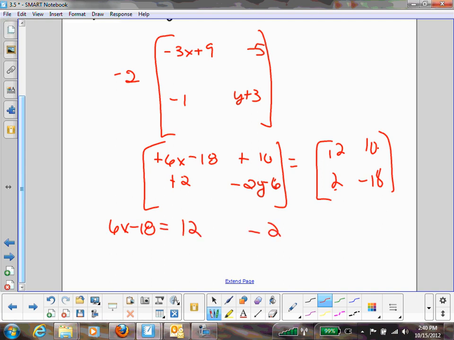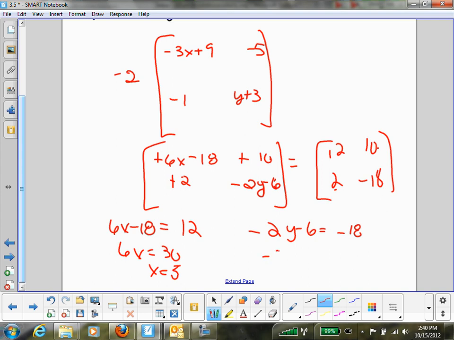And negative 2y minus 6 equal to negative 18, I think, right? And so this gives me 6x is equal to 30, so x is equal to 5. And here we get negative 2y is equal to negative 12, so y is equal to 6. How'd we do?